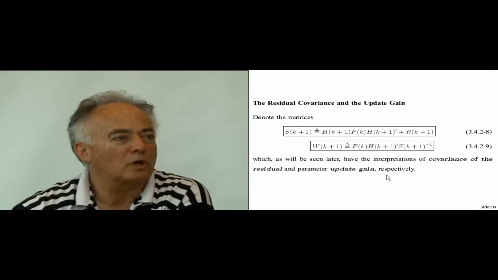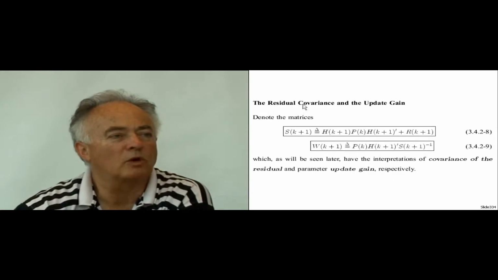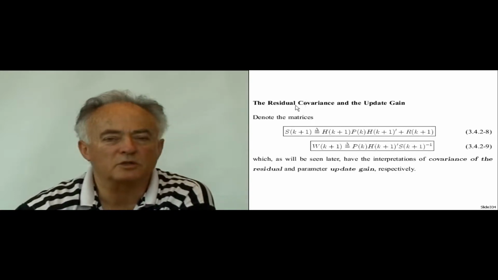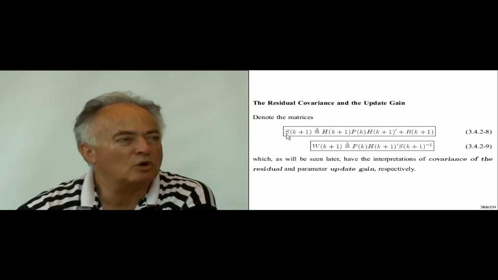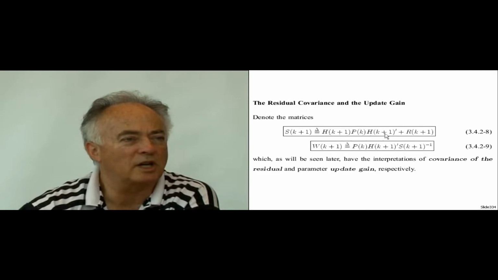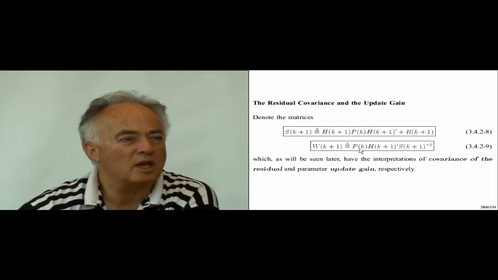Now, what we would like is to denote a couple of matrices with some notations which will have major meaning in a very short while. Namely, we denote S_{k+1} as the matrix H P H' plus R, and the second one, W, as P H' S inverse.